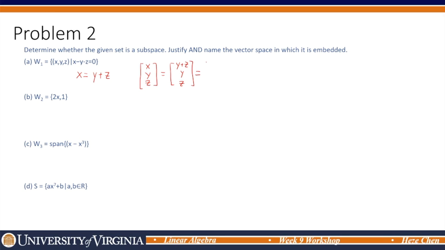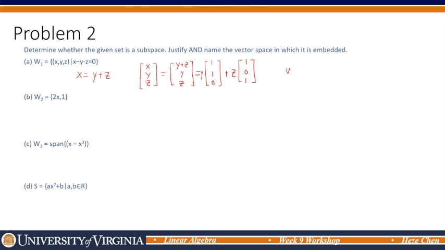Then split it into two parts: y times (1, 1, 0) plus z times (1, 0, 1).